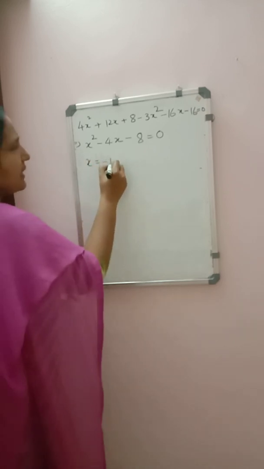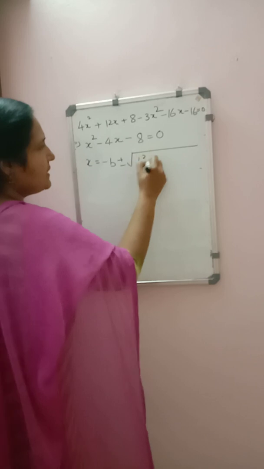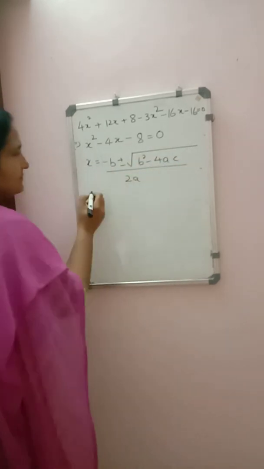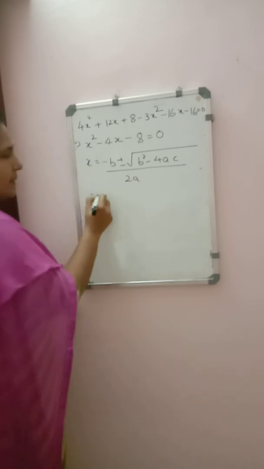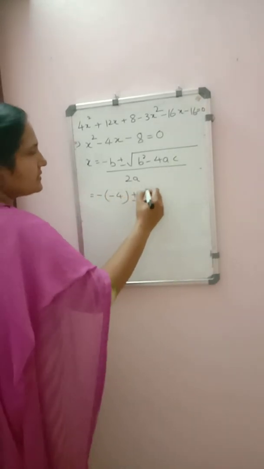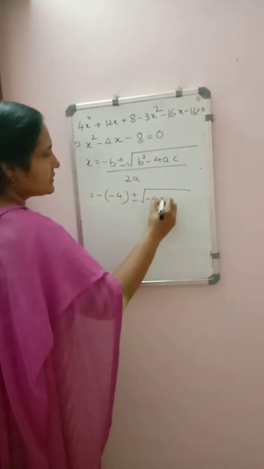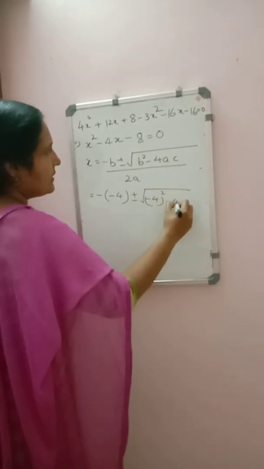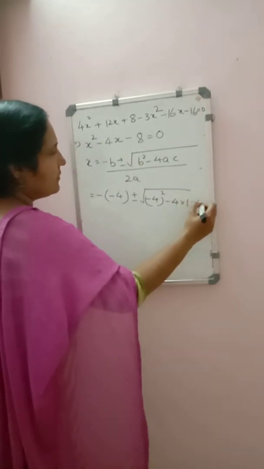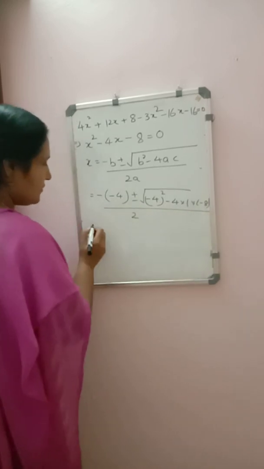X is equal to minus B plus or minus square root of B square minus 4AC by 2A. Substitute the values. Minus of minus 4 plus or minus square root of minus 4 square minus 4 into 1 into minus 8 by 2 into 1, 2.